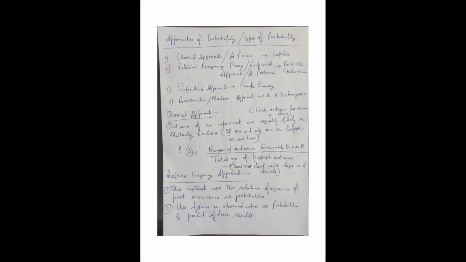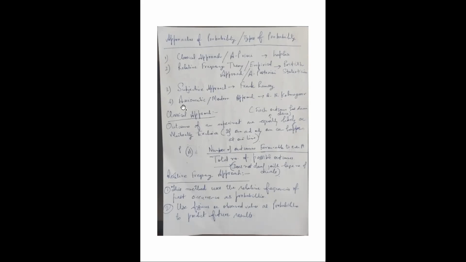That is known as the subjective approach of defining probability, rather than only looking at the relative frequencies. You can change your probabilities as per your subjectivity levels and your information.